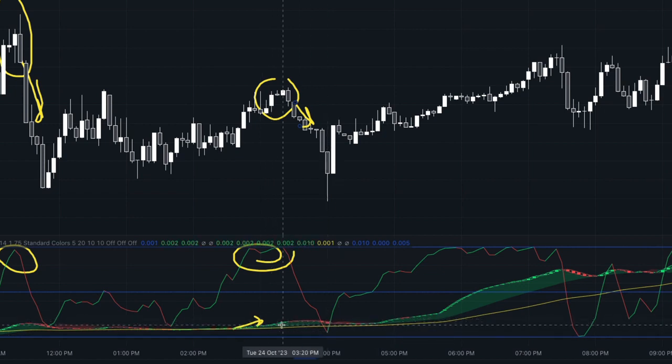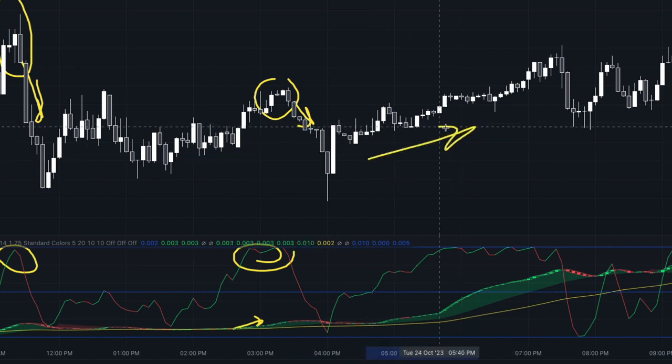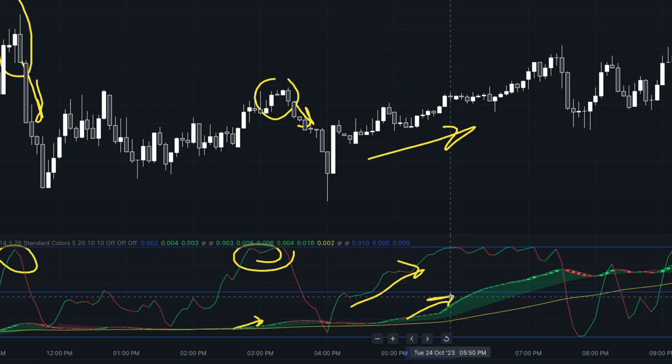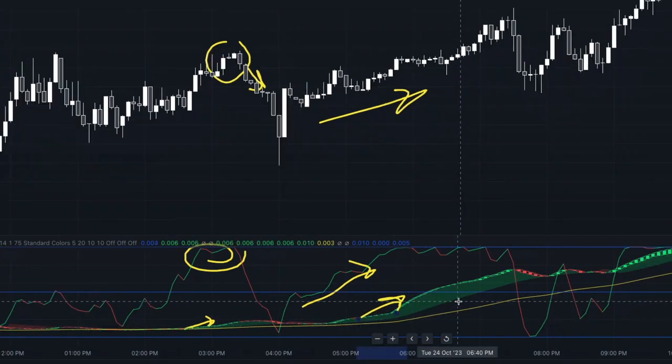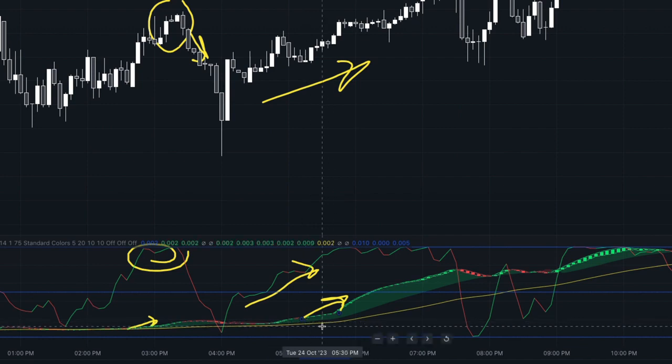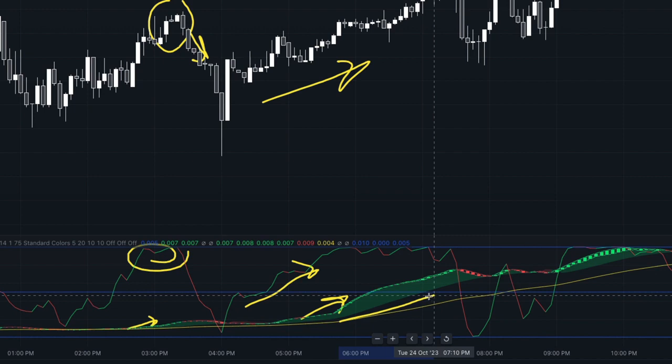And so you can see that now that you're above, the price is continuing to move up as the signal moves up, and the delta is also moving up, and the confirmation line is also transitioning to a positive slope at this point.